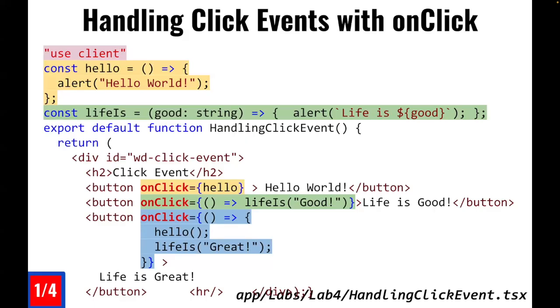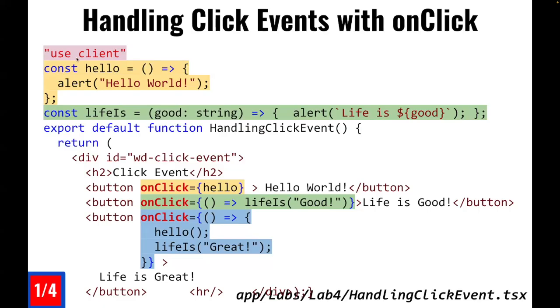If you don't add use client, the server will by default assume that this is a server component. If you put things such as onClick, the server will complain: no, I can't render this on the server, this must be a client component. So you'll know, oh, I forgot to add use client.